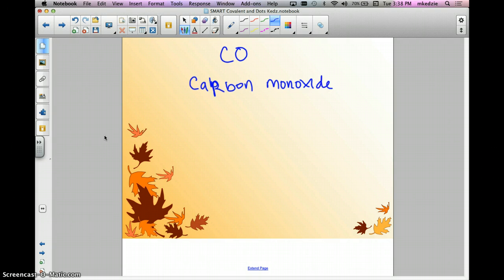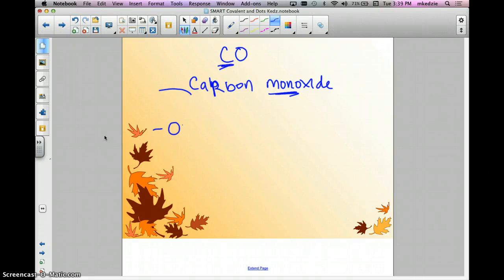All right, we have 1 carbon, we have 1 oxygen. You're only going to use the prefix mono for the second element. If you just have 1 of whatever your first element is, you just leave it blank. So you don't put anything there.